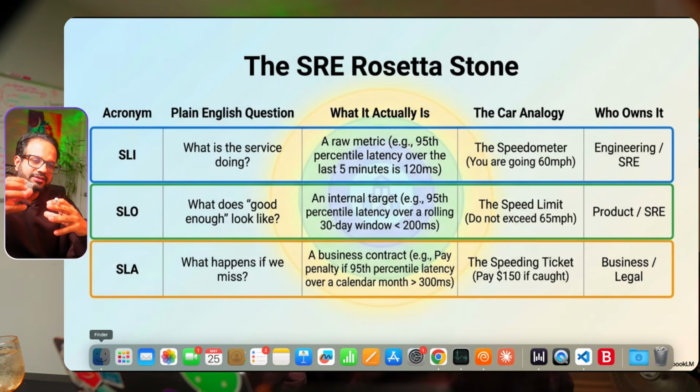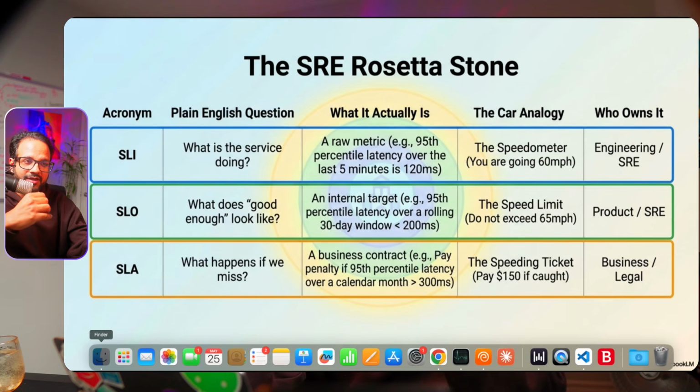Now there is this term called SLA, which is service level agreement. This is a business contract that you have as a service provider with your customer. In plain English, it is what happens if we miss. When a company misses the SLA, they have to pay some fine, penalty, or credits to the customer, because that's the agreement they have.